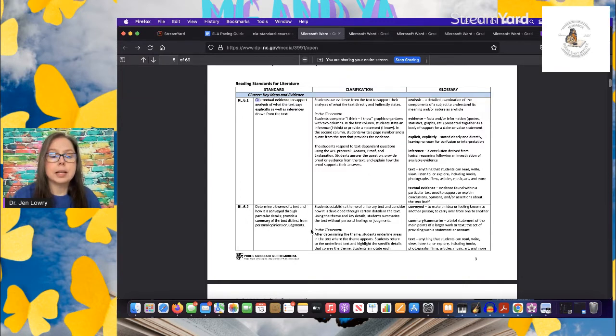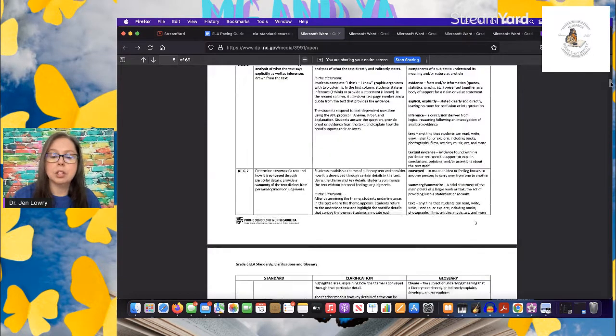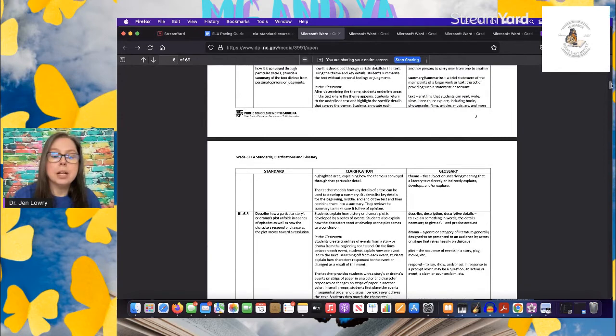So let us look at that next one that we talked about, writing a summary of the text. So you can see there are words on the side for the glossary, but it also gives you an idea of here, look, don't forget to model how key details in a text can help to develop that summary.